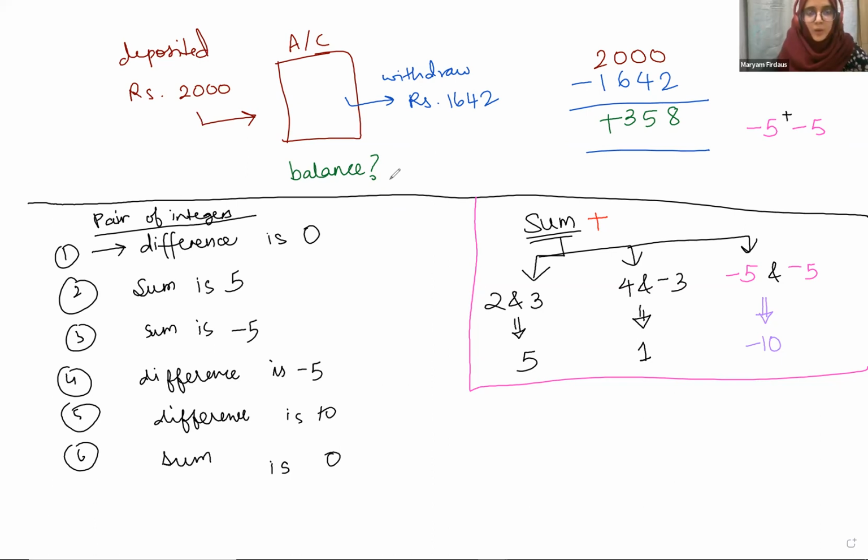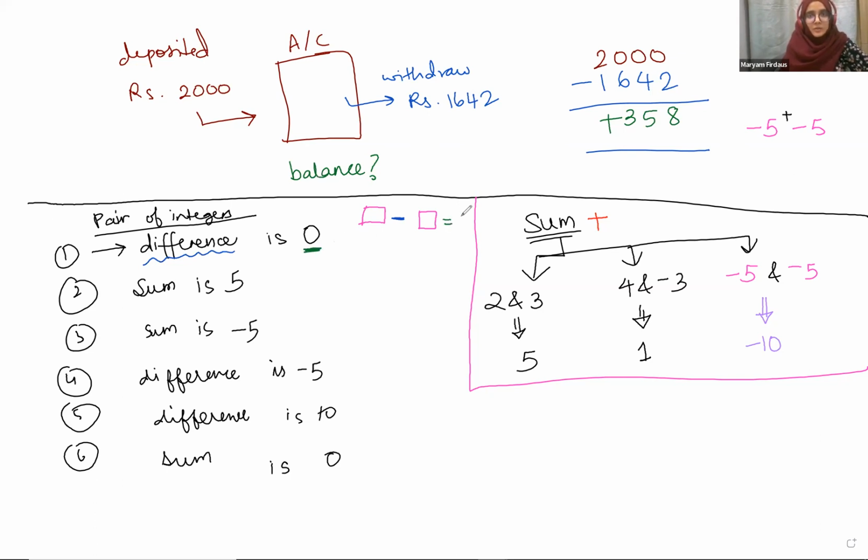See, you have to write a pair of integers. That means you have to write two such integers whose difference is 0. So here I'm going to have one integer and here another integer, such that its difference is, that's why I put a minus sign, because it says difference, and it is 0.